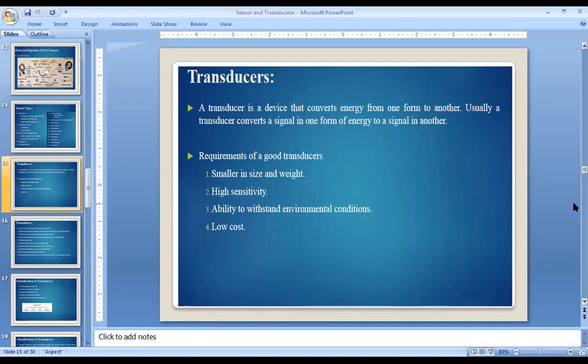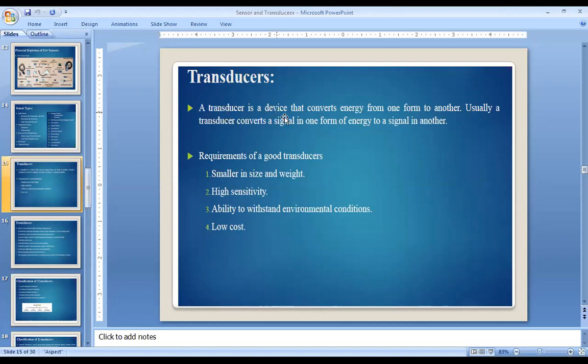Sir, input method. Both a sensor and transducer are used to sense a change within the environment. Okay, but the sensor will give an output in the same format, and the transducer will convert it into an electrical signal. That means the sensor senses and gives its output in the same format, but the transducer converts it into the equivalent electrical signal.